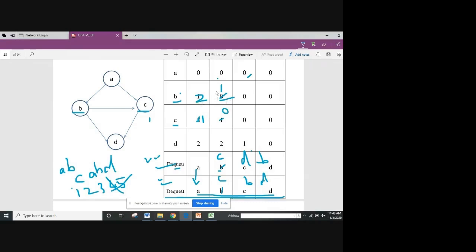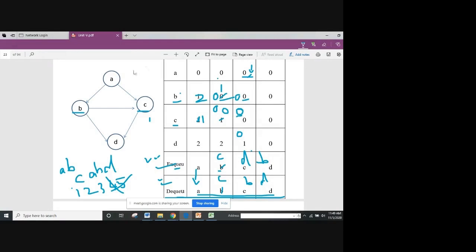It will check from the beginning only. This is already done, visited, this is already done. Maybe in this step you have one more 0 over here, but finally you have to come in order only. C only will be the next DQ.